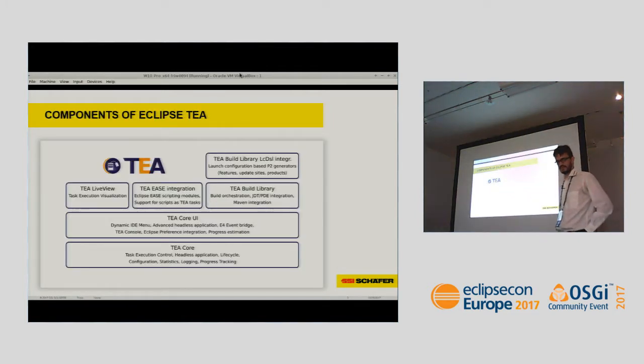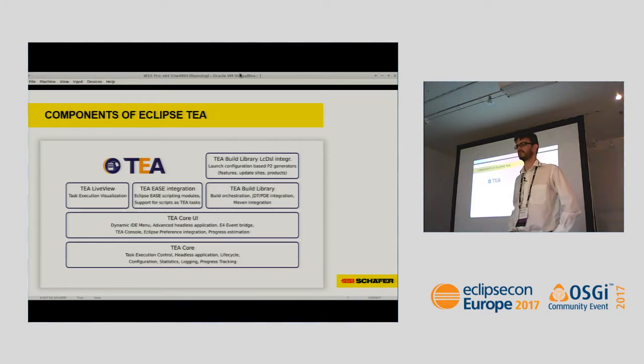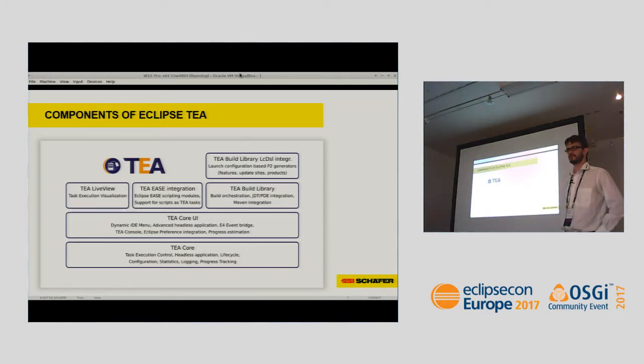So TEA has quite a bunch of components right now. We have the core component, which basically provides all the execution stuff for tasks. We have the UI component, which provides integration into the UI, as well as some advanced preference handling and a more advanced headless application, which even allows PlatformUI.getWorkbench. So this does work in the headless application.